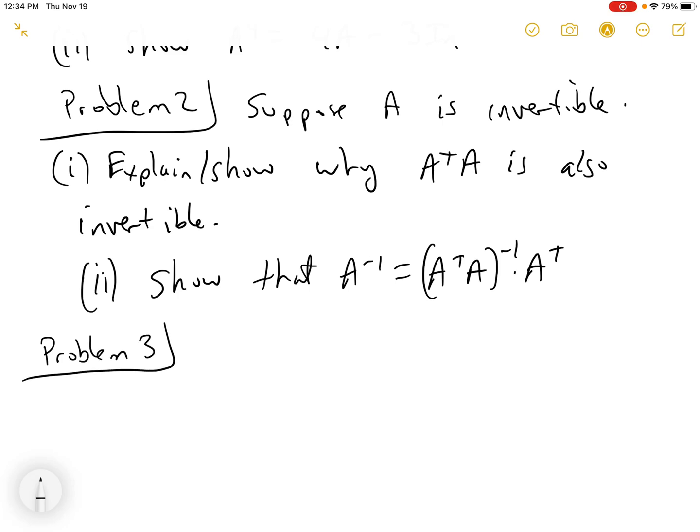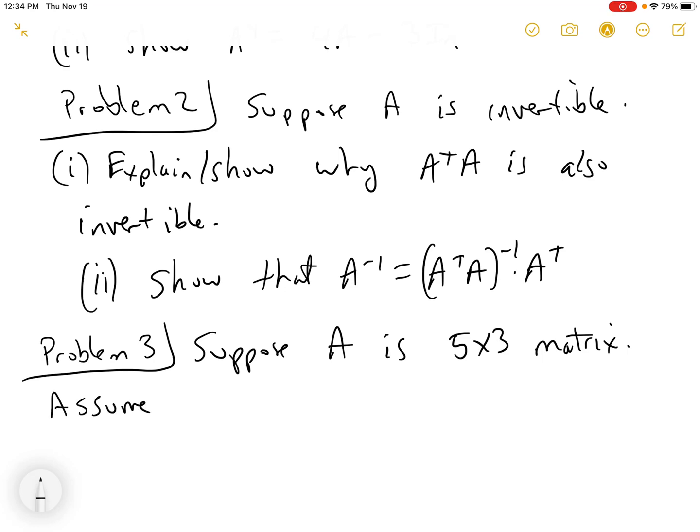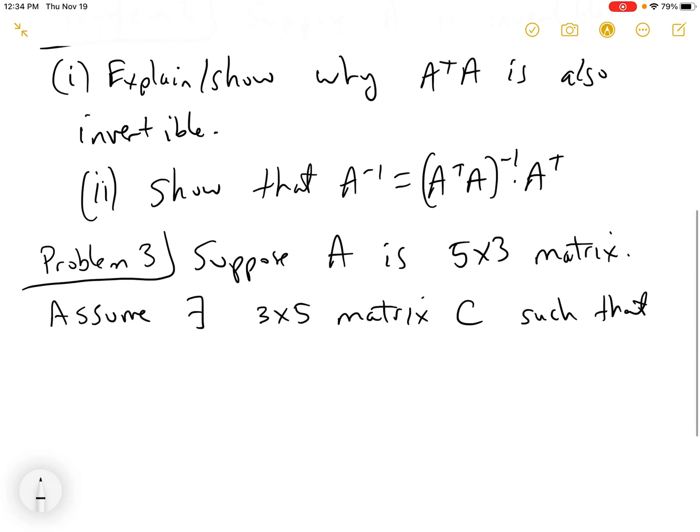And problem 3. Suppose A is a 5 by 3 matrix. Okay. Assume there exists a 3 by 5 matrix C such that CA is the identity, 3 by 3 identity, right?